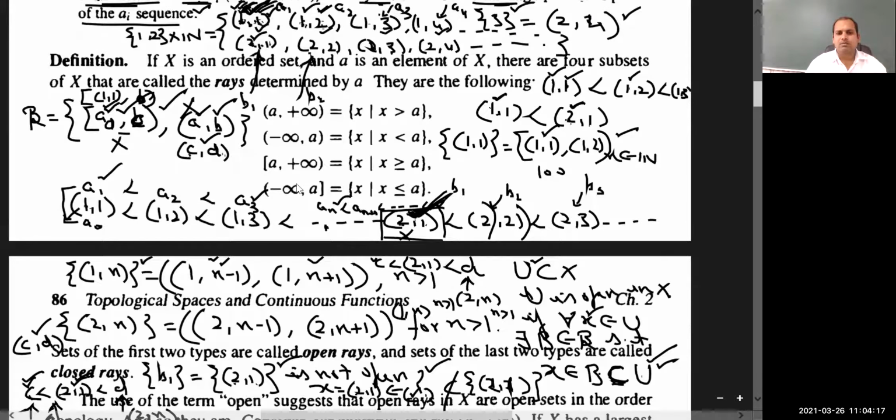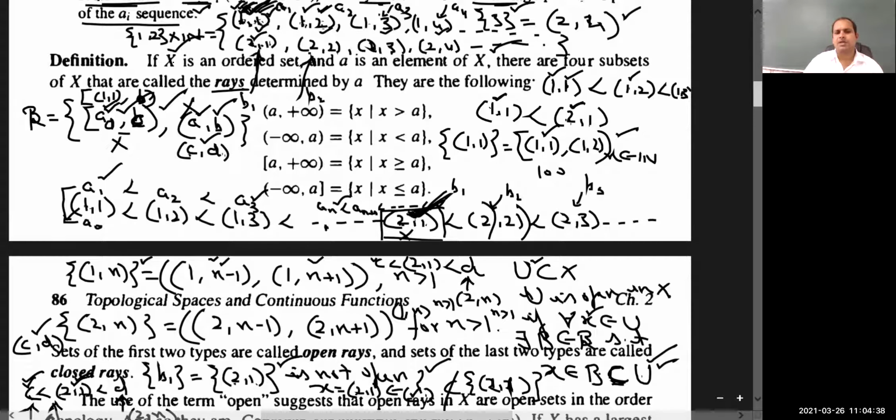Now just read this definition. In an ordered set, if X is any ordered set, and A is an element of X, then we can define these four types of sets called rays on any ordered set, denoted by this one.